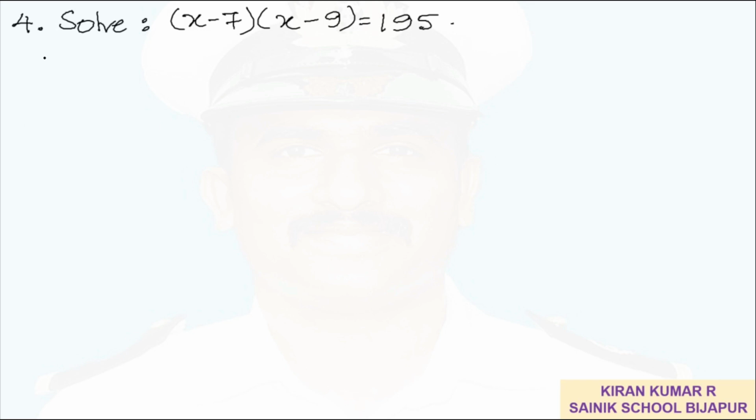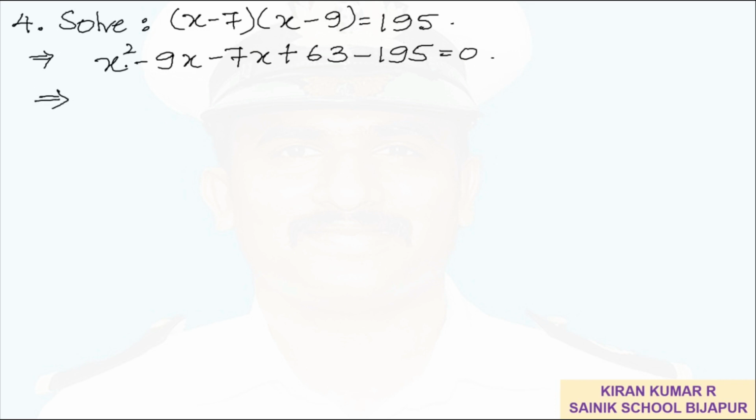In this type of question, we need to multiply this, make it a quadratic equation, and then further simplify. So when you multiply, we'll be getting x square minus 9x minus 7x plus 63. Transpose this 195, we get minus 195 equal to 0.